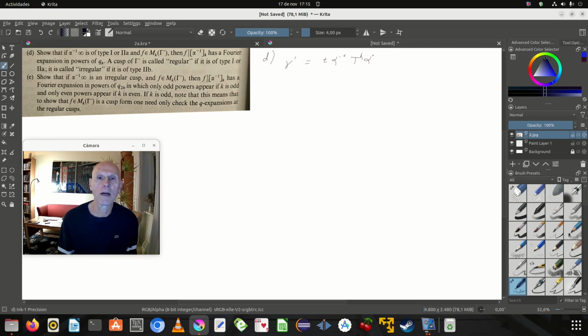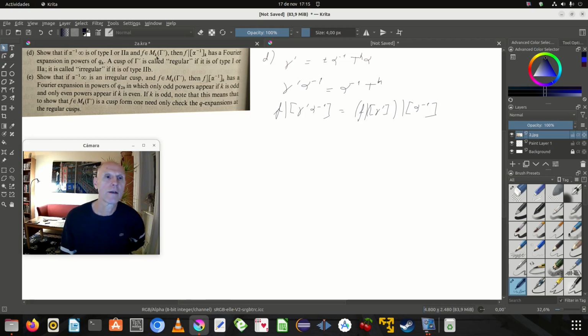We multiply by the inverse of alpha from the right. We use the transitivity. And f lies in M_k of gamma mark, so that means this equals f itself. And this is good because that's what we are going to say something about.